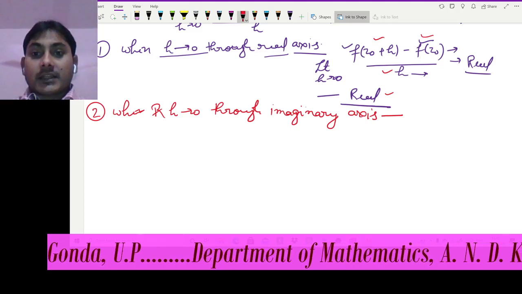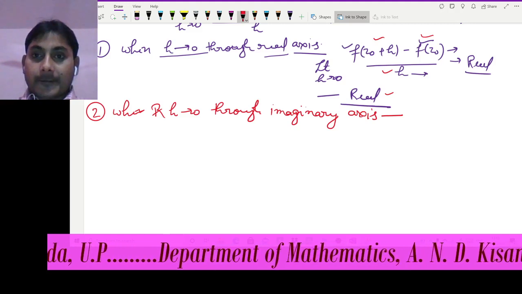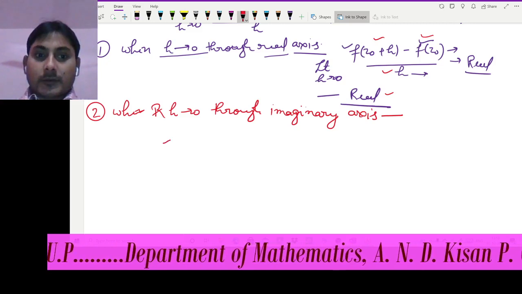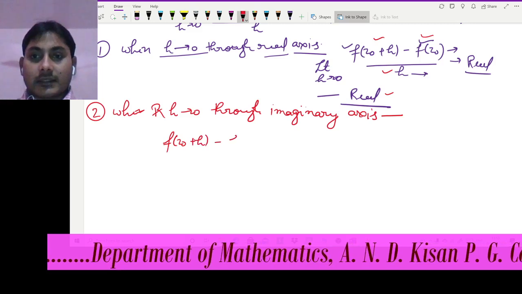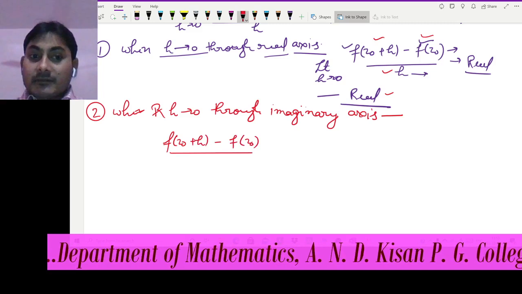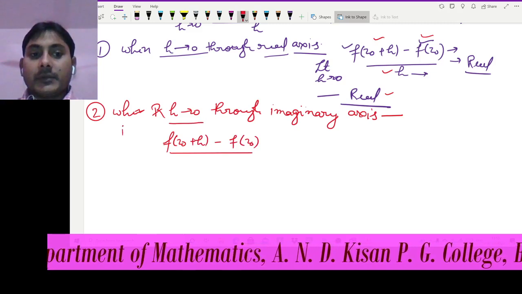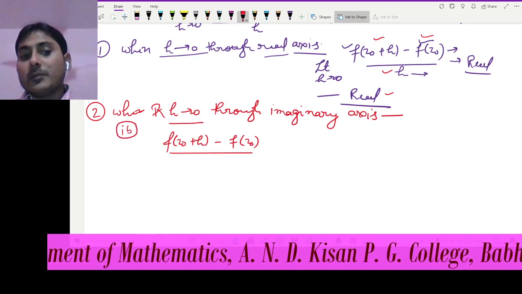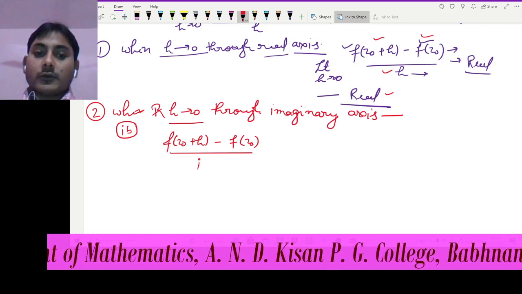Okay, in that case what will happen? Again look at this particular expression, f of z naught plus h minus f of z naught upon h. In that particular case our h will be of the form ib, where i is the iota.